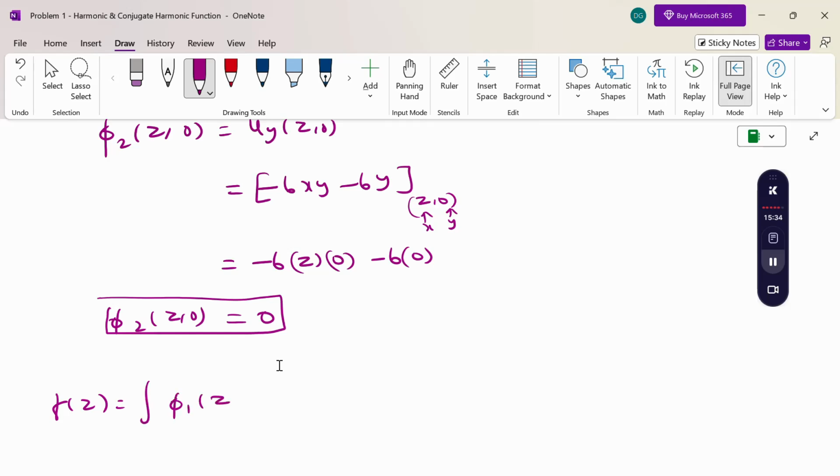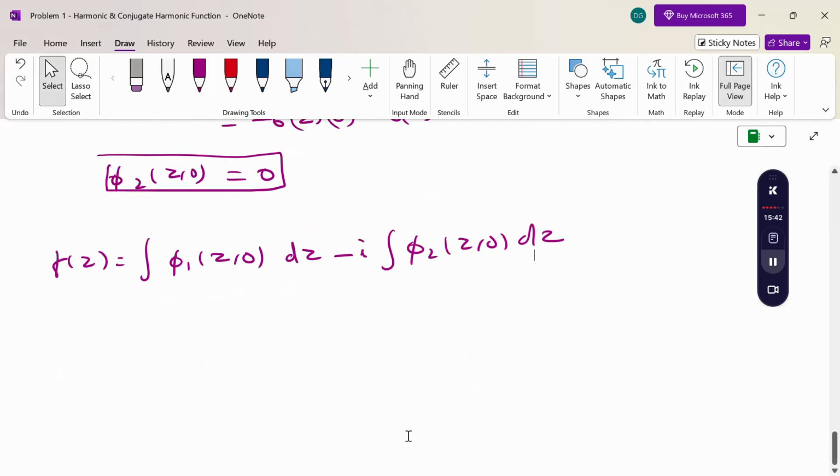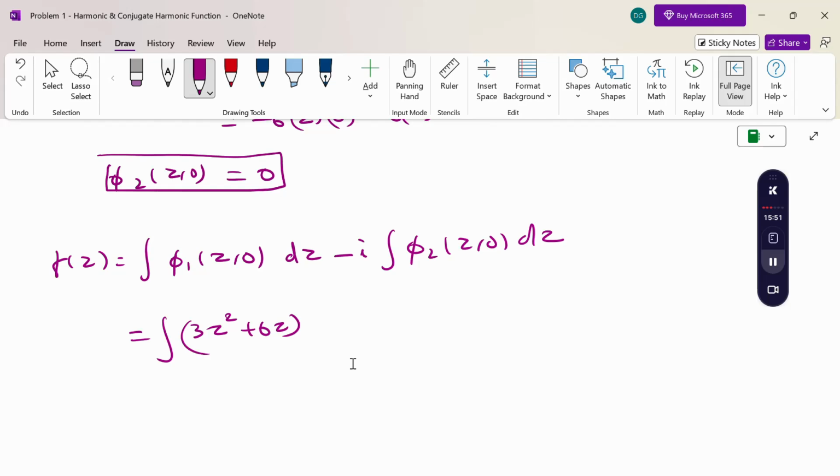Now what is f of z? Integration of phi 1 of z comma 0 dz minus i into phi 2 of z comma 0 dz. Substituting phi 1 of z comma 0 as 3z square plus 6z into dz, minus i into 0, the whole term is 0.